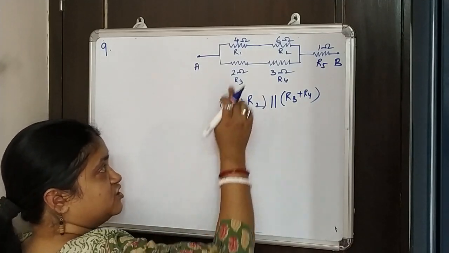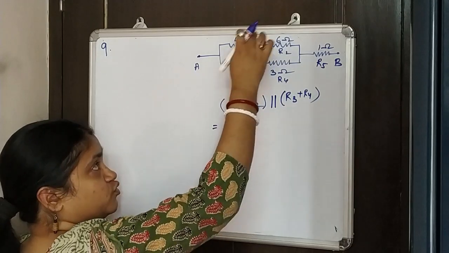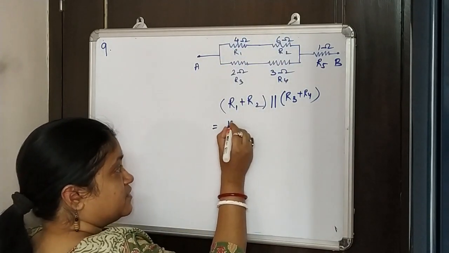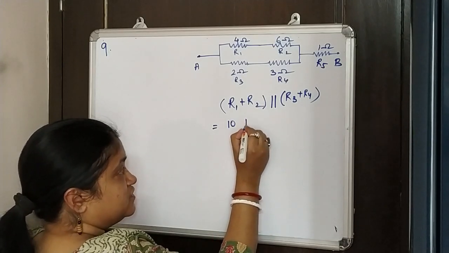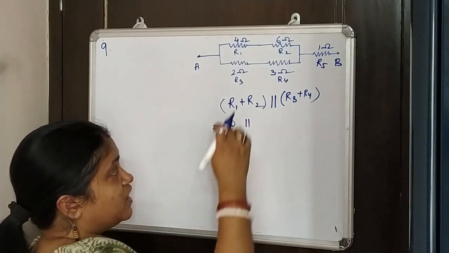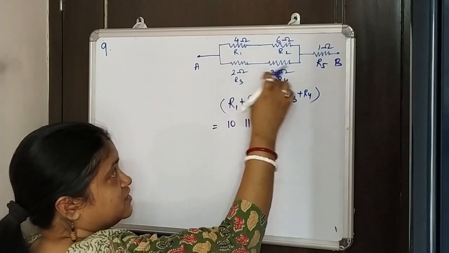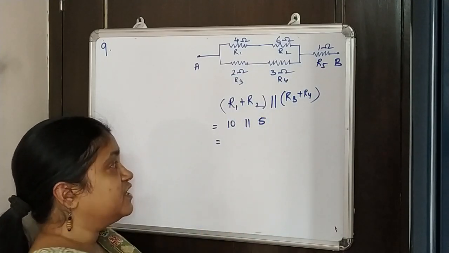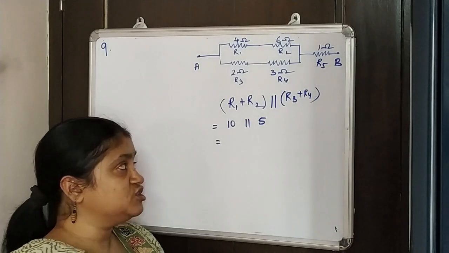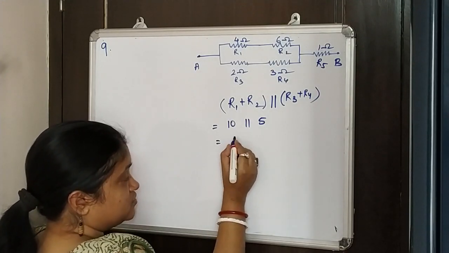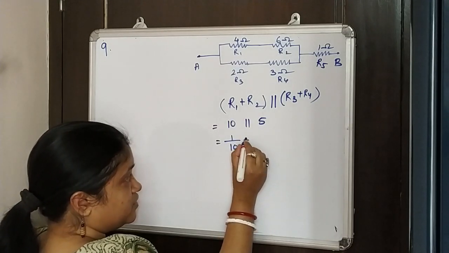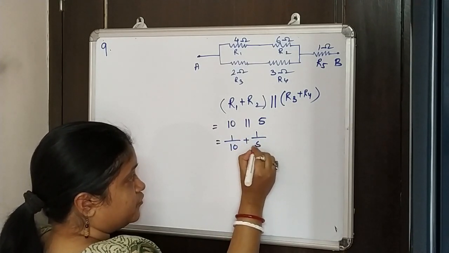If the series combination R1 and R2, R1 is 4 ohm, R2 is 6 ohm. So 4 plus 6, this becomes 10 ohm, which is in parallel combination with R3 and R4, which is 3 plus 2, 5 ohm. So if we have to do this parallel combination, then we know that it will be 1 by R1 plus 1 by R2.